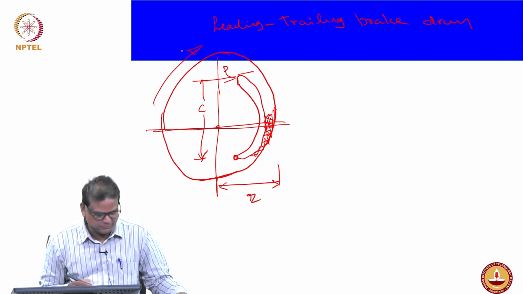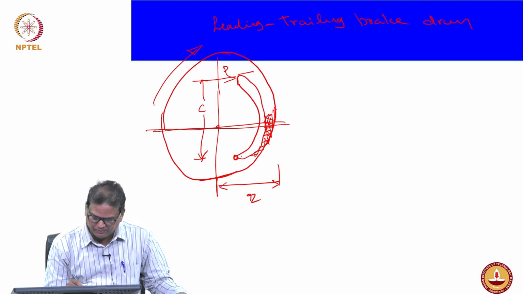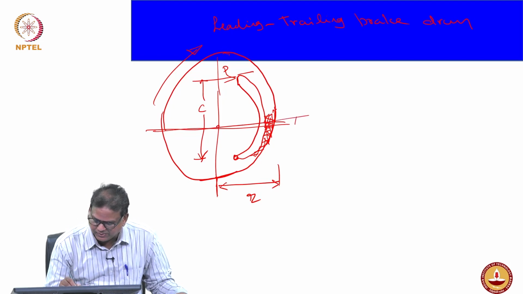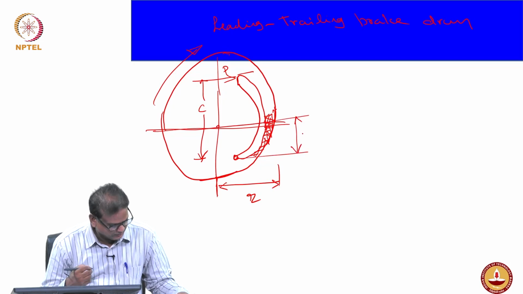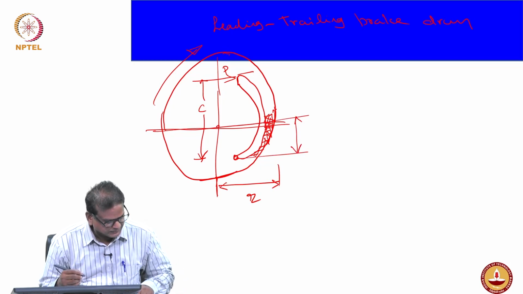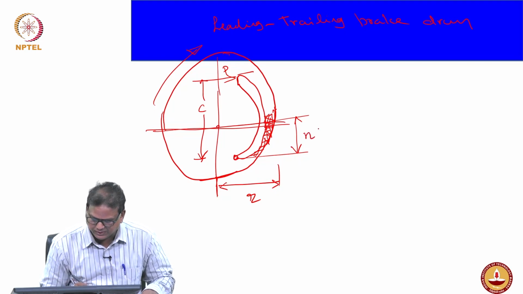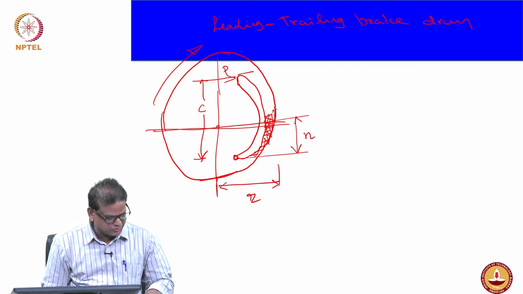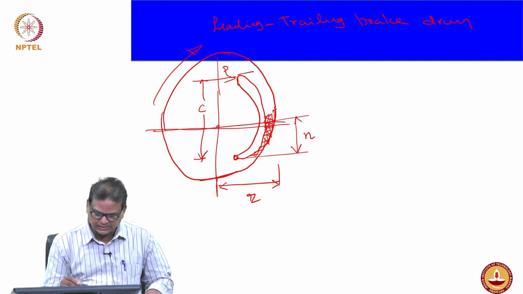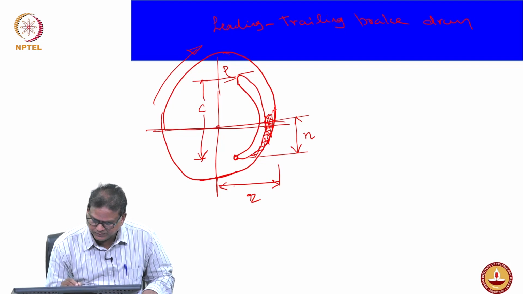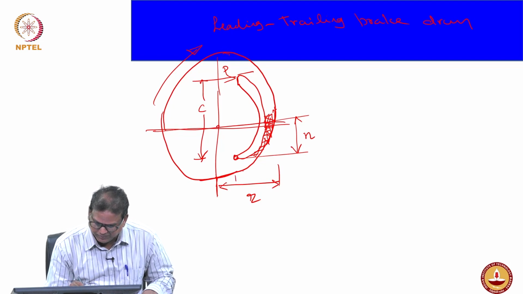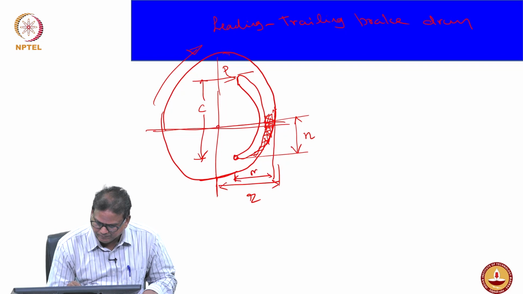I want to give you the information from the pivot to the center of the drum: the dimension is n. Then this vertical distance from the pivot to the edge of the drum is given as m.